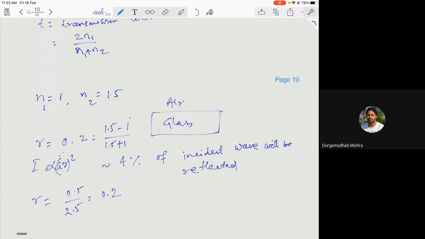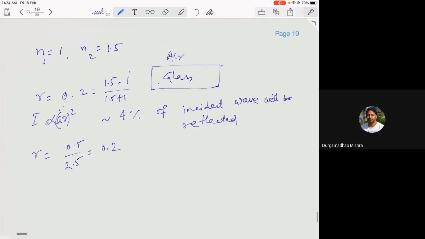Now we want to look at the condition for this. How do we reduce this reflection? If you want to reduce this 4%, what we need to do is take a particular thickness of the coating.